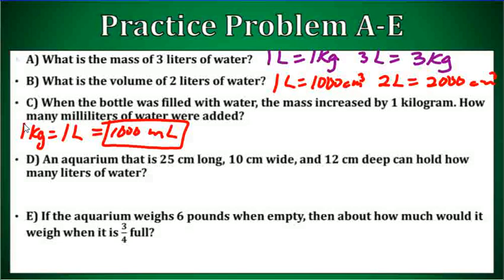Letter D, an aquarium that is 25 centimeters long, 10 centimeters wide, and 12 centimeters deep can hold how many liters of water? So 25 times 10 is 250. 250 times 12 would give us an answer of 3,000. So this is 3,000 cubic centimeters.